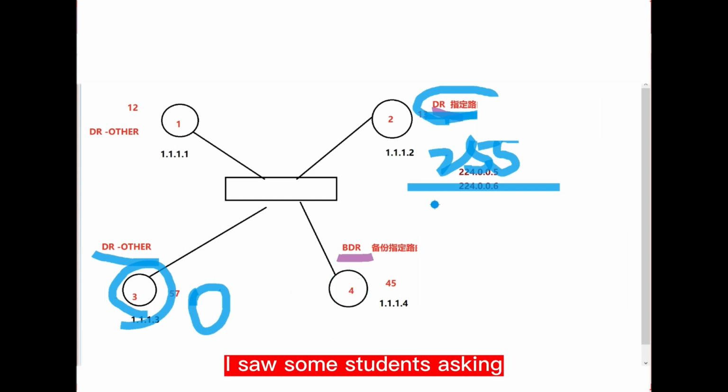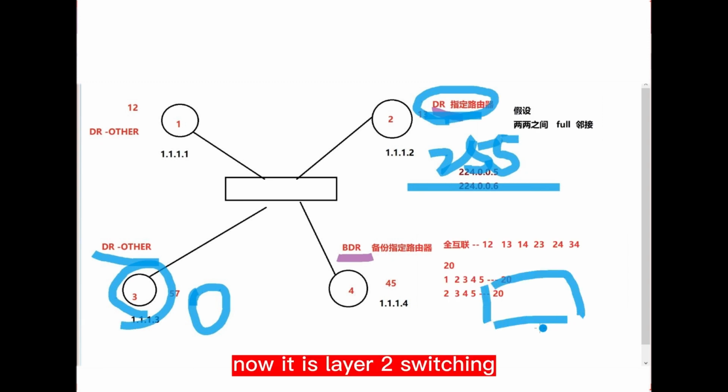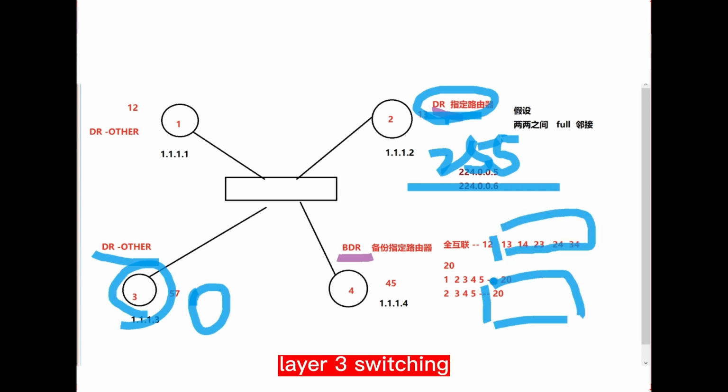I saw some students asking what scenarios routers connected to switches are used for. As a business, for example, there is layer 2 switching and layer 3 switching. We may configure VLANs and gateways here, and further up is the exit.